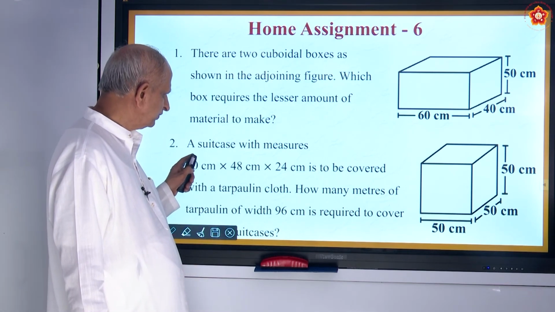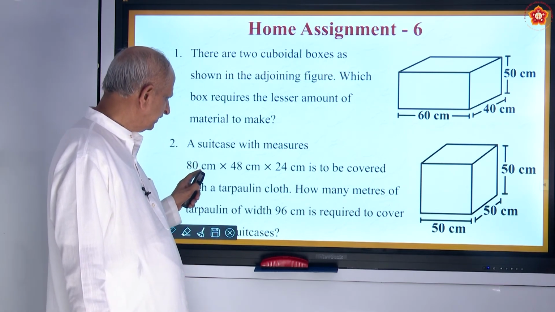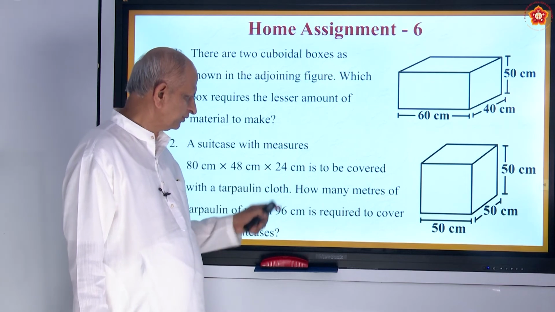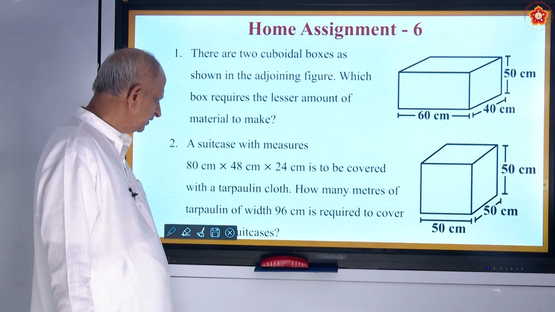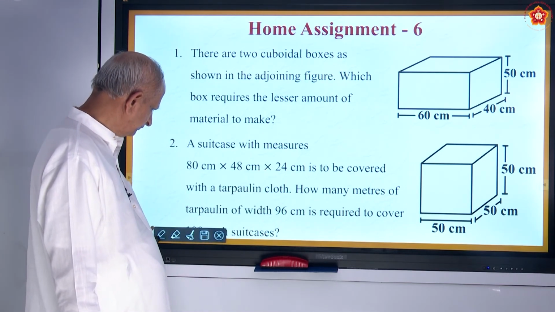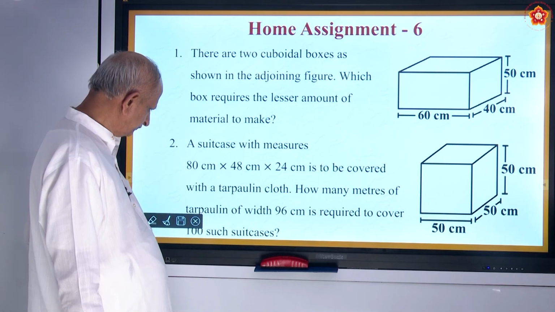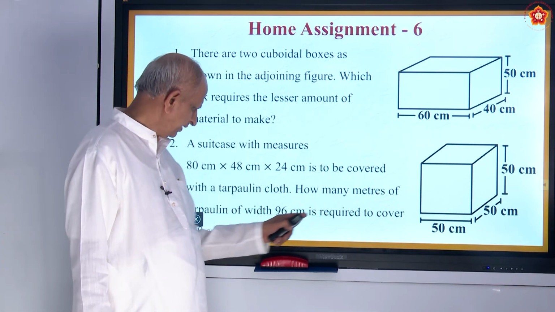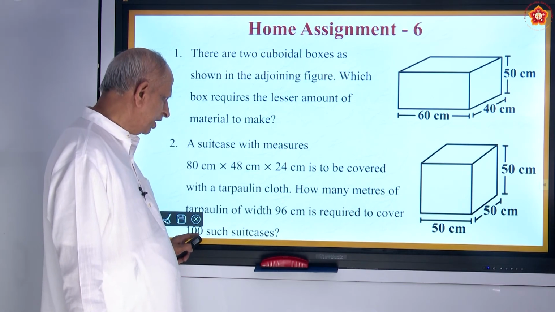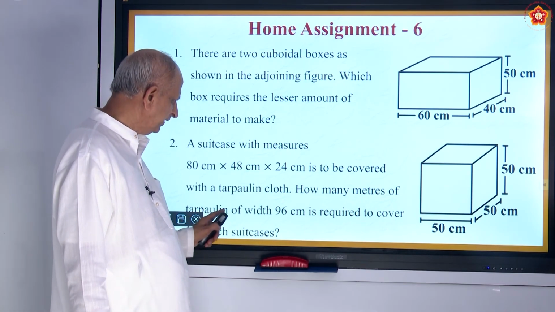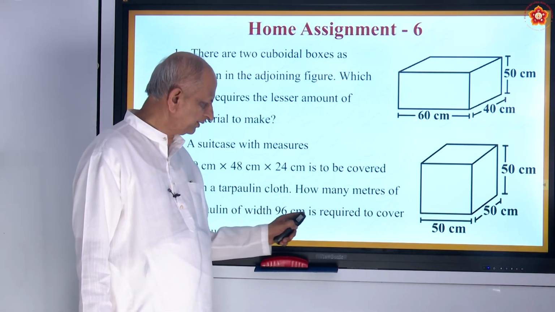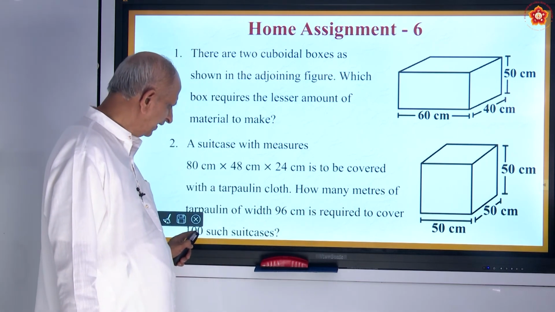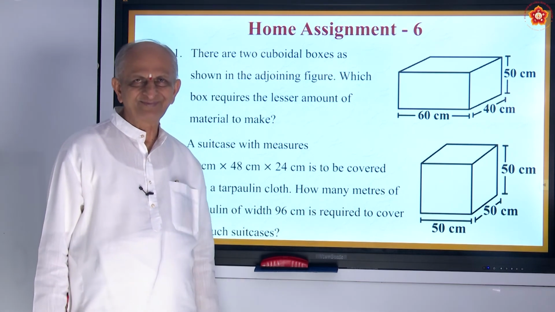A suitcase which measures 80, 48, 24 is to be covered with a tarpaulin of width 96 centimeters. How many meters of tarpaulin of width 96 centimeters are required to cover 100 such suitcases?